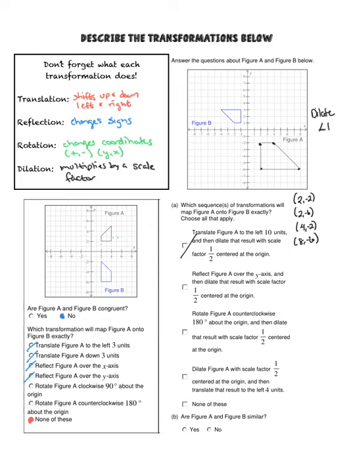Okay? Translating left and right is not going to do. I have to reflect. Okay, let's look at this one. Reflect figure A over the y-axis. Okay, now I'm going to reflect it so that it goes like this. And then scale factor, it's still not good enough because I'm still not over figure B. I'm going to erase that one.